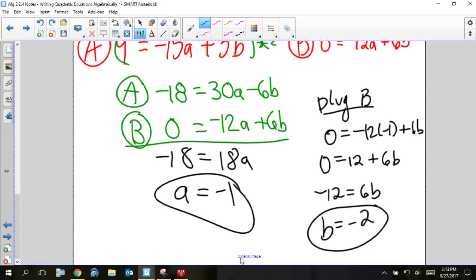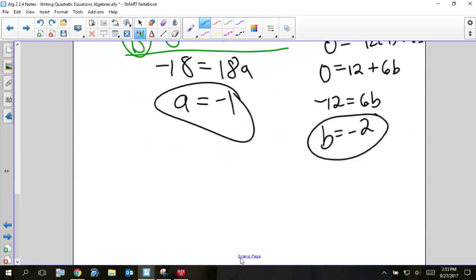Then where do we go from there? Once we have A and B, we're going to plug into 1, 2, or 3. Which one looks easy?